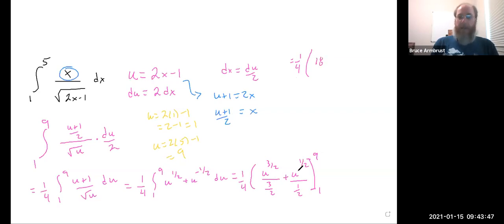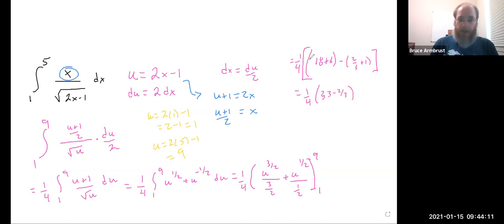When I plug in 9 here, I get 3 divided by 1/2, which is 6. And then when I plug in 1 to the 3 halves and 1 to the 1/2, that's 1 either way. So I get here 2/3 plus 1. So that's 1/4 times 23 minus 2/3.